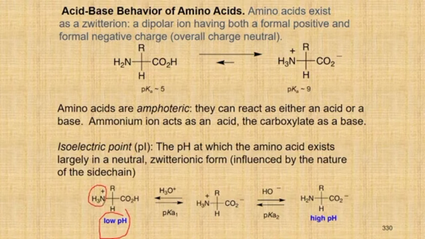So amino acids at low pH are positively charged, while amino acids at high pH are negatively charged.